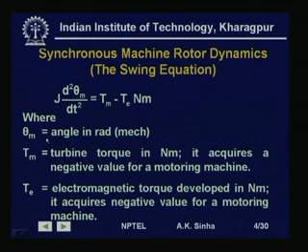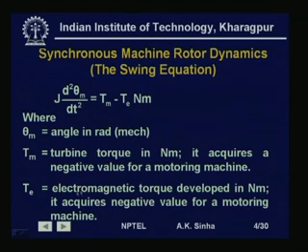So, theta m, as we said, is the rotor position which is in mechanical radians. Tm is the turbine torque in Newton meter, and as we said, in case of motoring machine, since this will be an output, it will have a negative value.